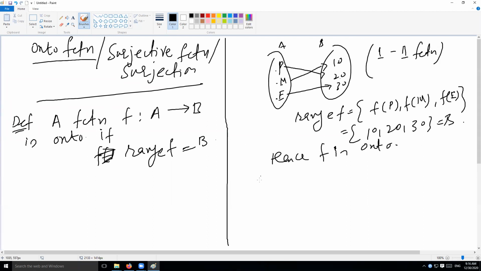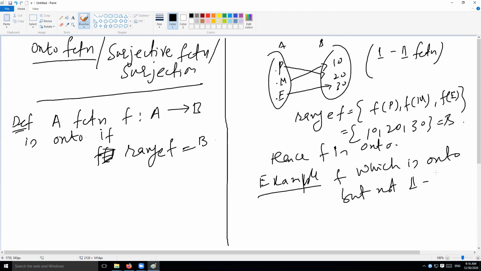Can you think of an example of f which is onto but not one-to-one? Any example?